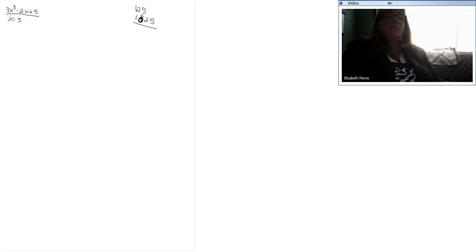And what I want you to realize is I have x to the third, I have x, but I don't have any x squared. So when I go to put this inside, I have the 3x cubed.